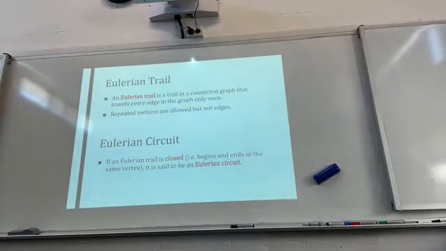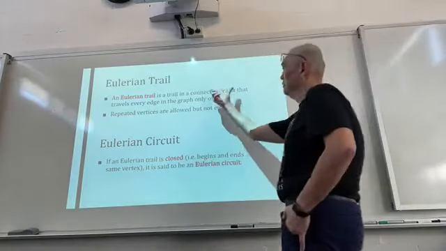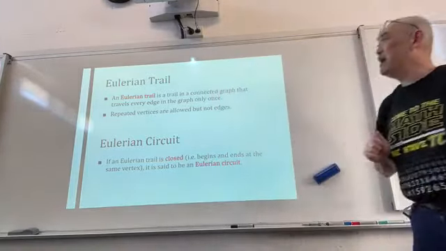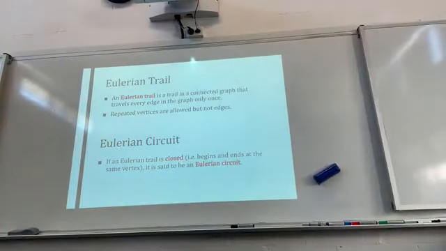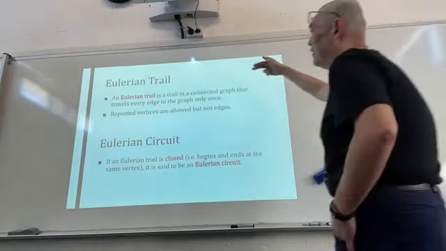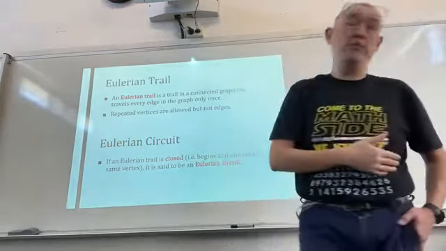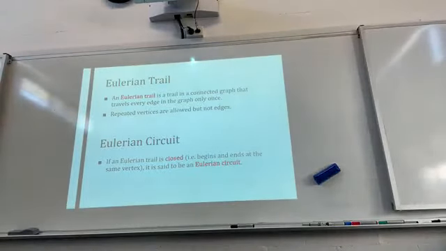The word connected is important. It travels every edge in the graph only once. Repeated vertices are allowed, but not edges. I will show you an example in a few minutes.